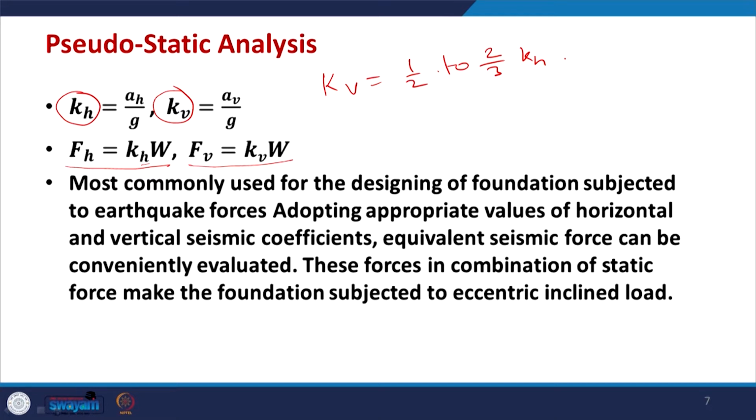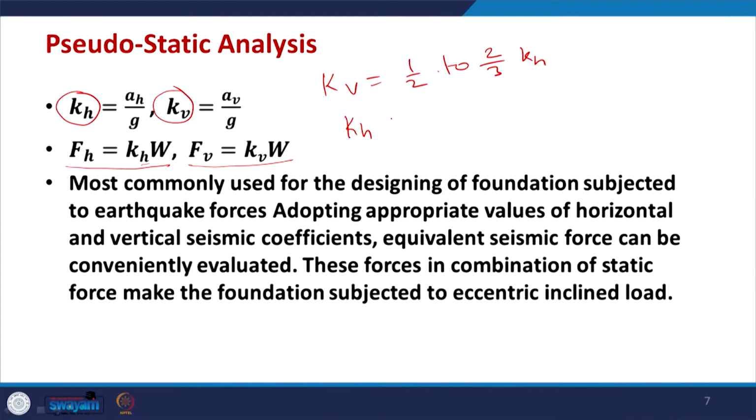However, KH itself depends on the intensity, magnitude or severity of the earthquake, and naturally, if we do not have any data or time history, then KH can be linked with the seismic zone. You may be aware that our country has been divided into 4 seismic zones: zone 2, 3, 4 and 5.